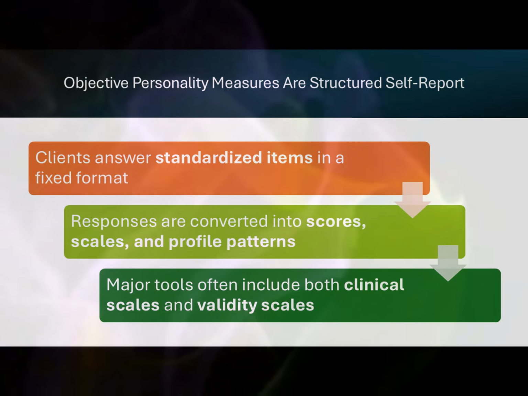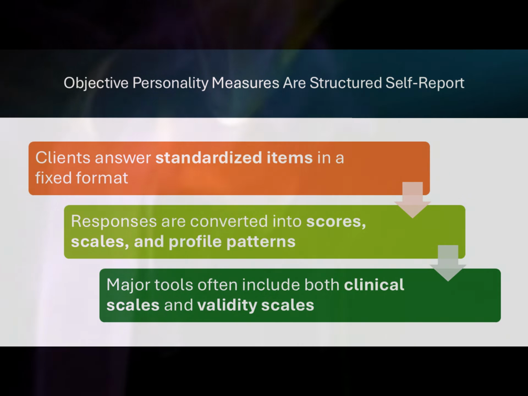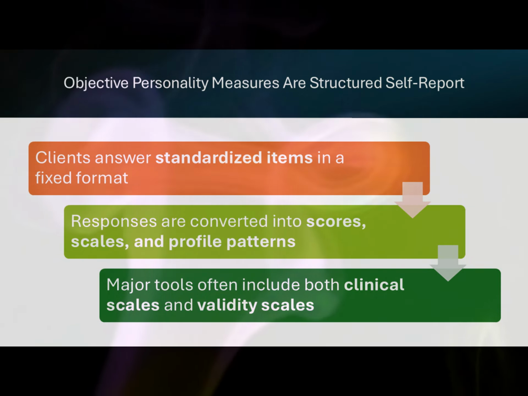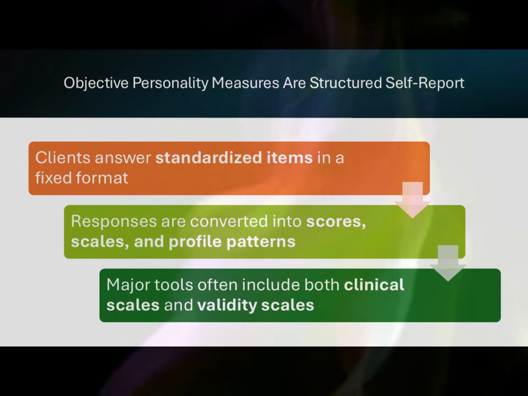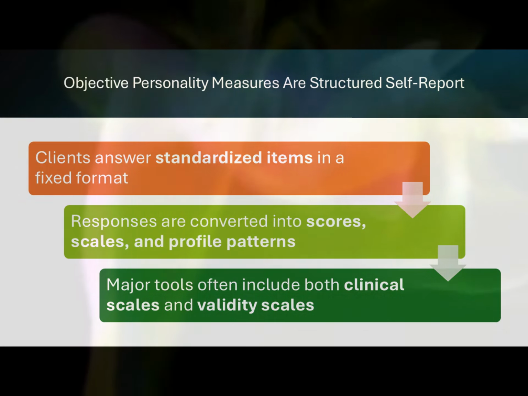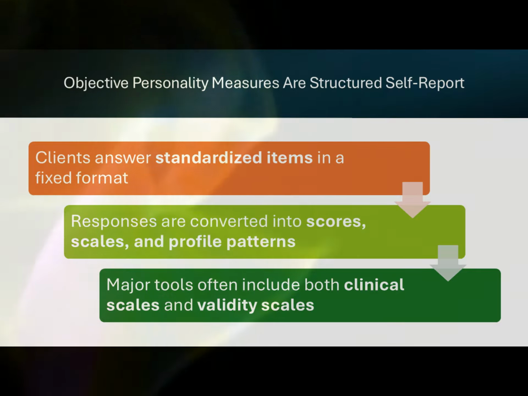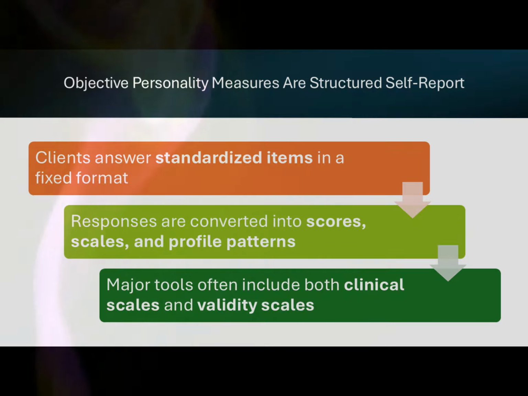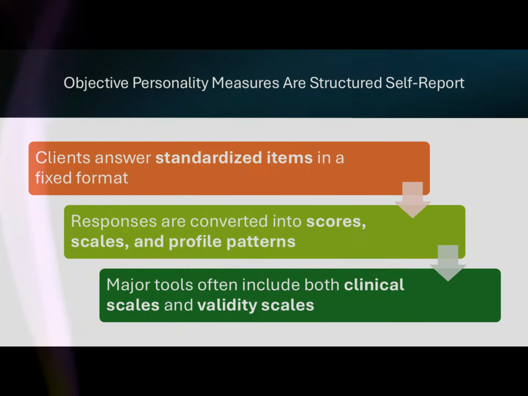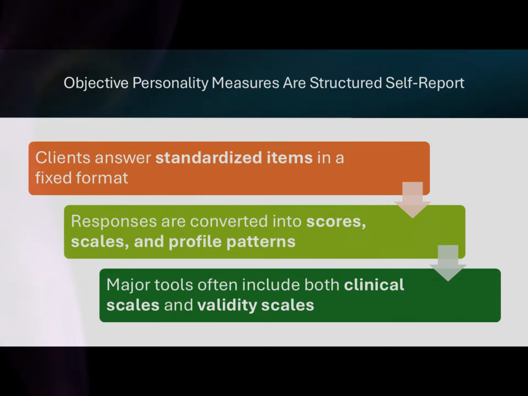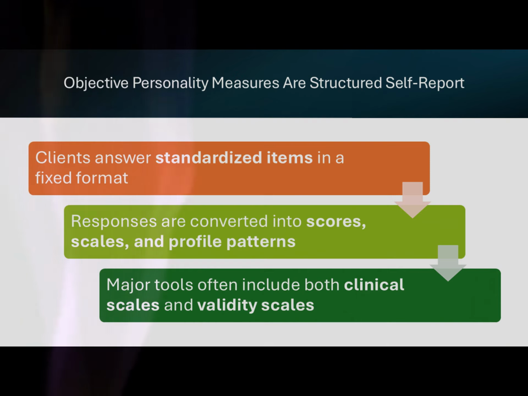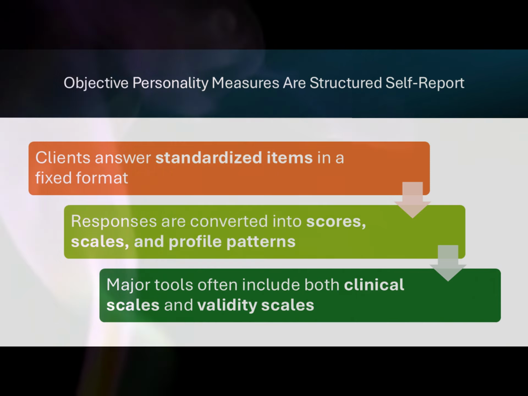Now, in general testing language, objectively scored instruments are those in which responses are converted to final scores by a defined scoring system rather than by some free-form examiner impression. So there's a lot of rules to follow. You need to read through the instructions carefully.